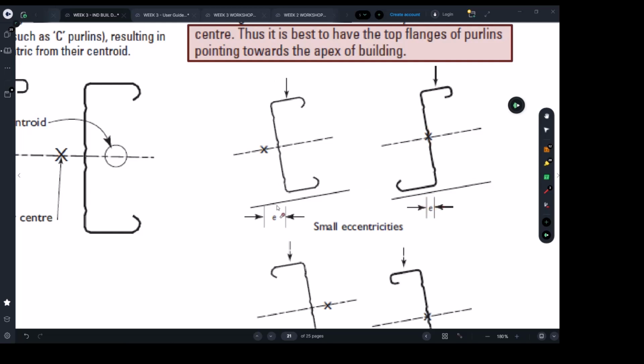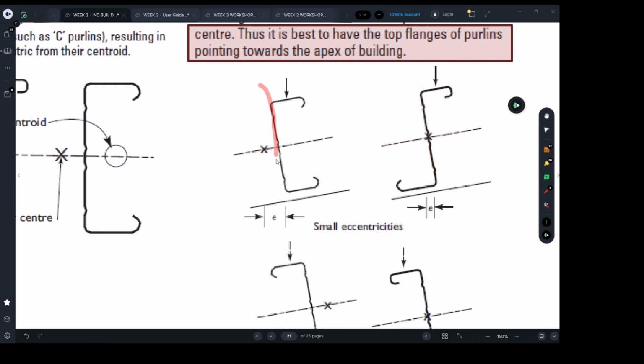If you use a C channel, the eccentricity will be more because the centroid of a C channel is outside the shape. Okay, it is outside the shape. But here, the Z is kind of helping you to correctly distribute the mass. It's distributed equally around its vertical axis and around its horizontal axis.